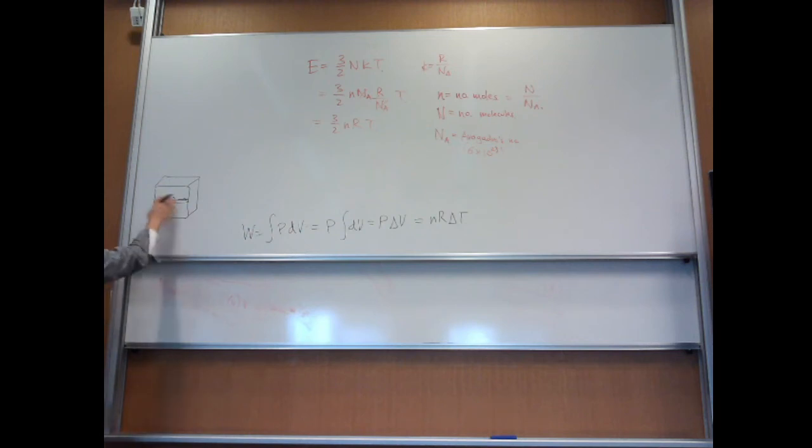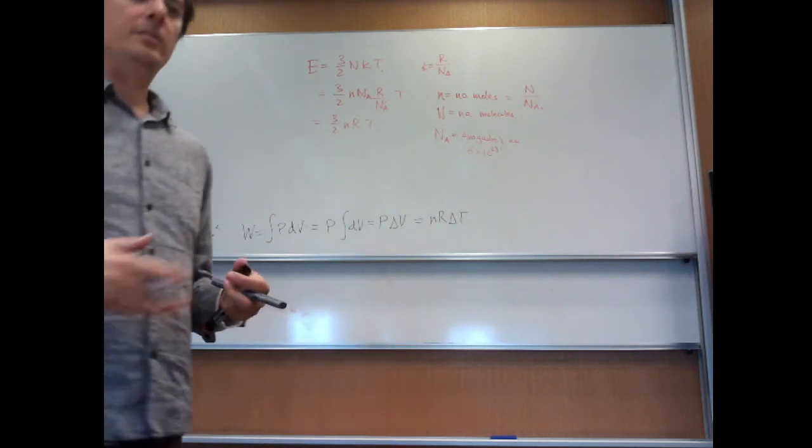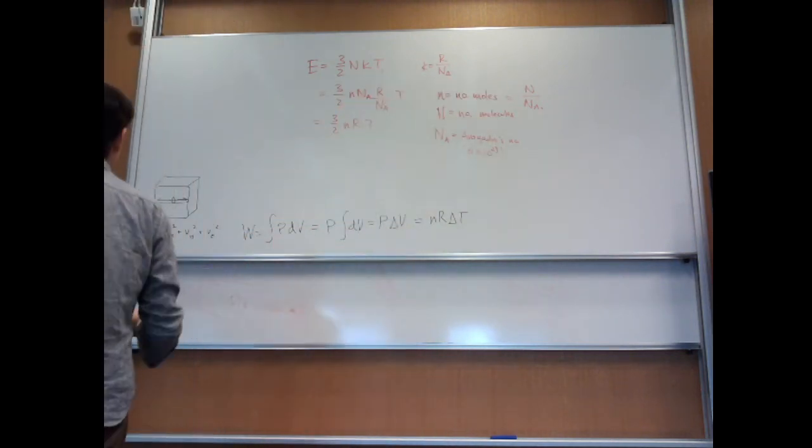And then what we did was to say, well, actually the velocity is not just in this x direction, but also in the y and z direction. The atoms live in three-dimensional space, so there are 3 different directions it could be going.